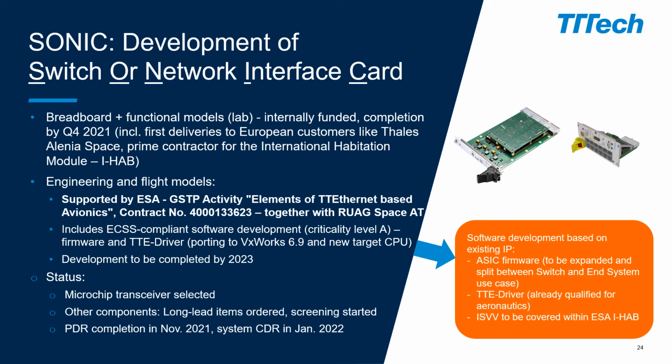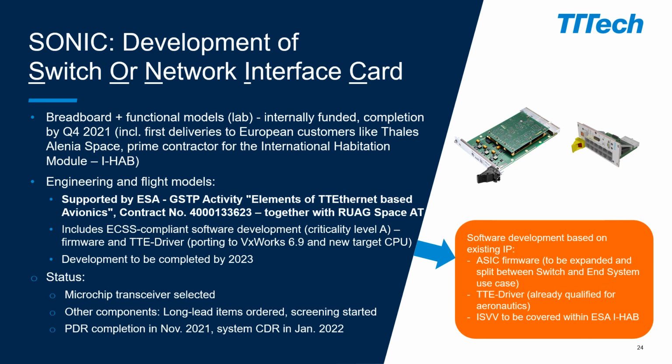This includes the qualification of both the hardware design and software, and the software development for criticality level A, of course, is ECSS compliant and will be completed by 2023.